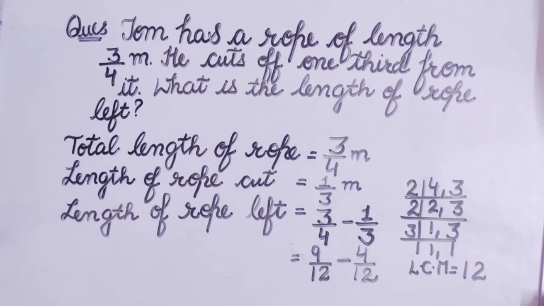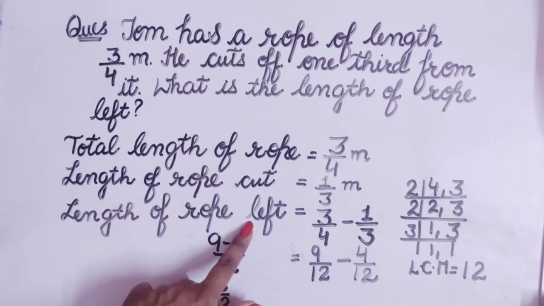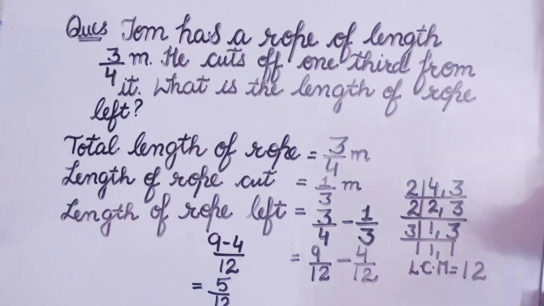So the numerators are 9 and 4. 9 minus 4, denominator remains same. Students, when you subtract 4 from 9, the answer will be 5 and the denominator remains same, that is 12. So I can say that, students, 5 by 12 is the length of rope which is left. I hope, students, these statement questions are clear to you.